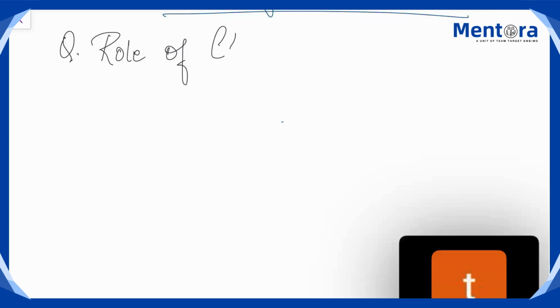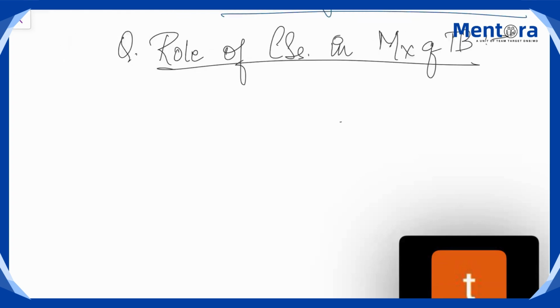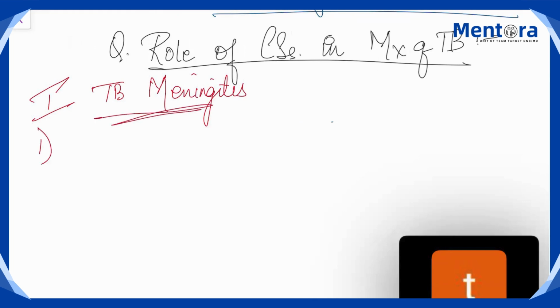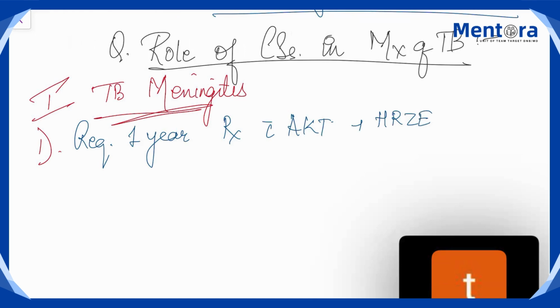So role of corticosteroids in management of tuberculosis. First and important indication is your TB meningitis. This TB meningitis requires a 1 year treatment protocol with AKT, that is your standard regimen HRZE plus HRE.